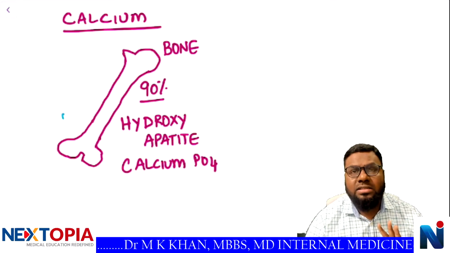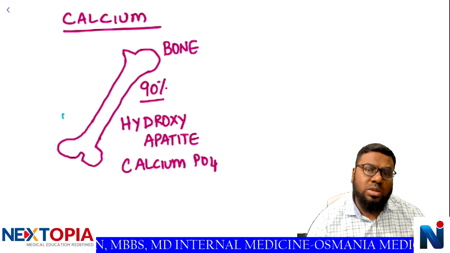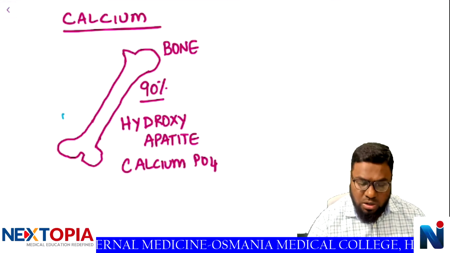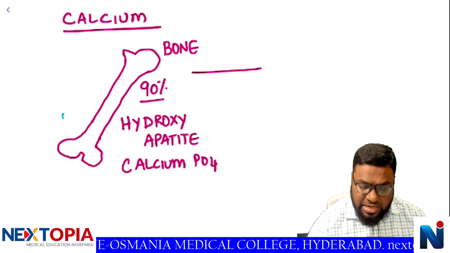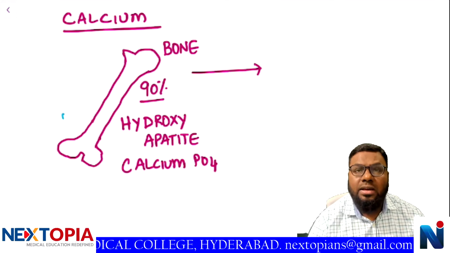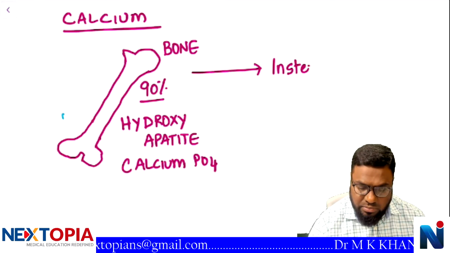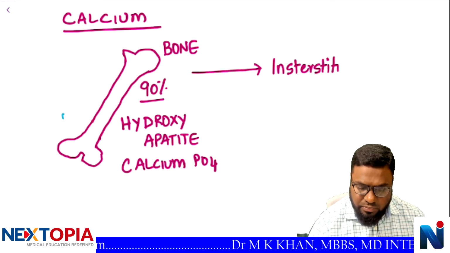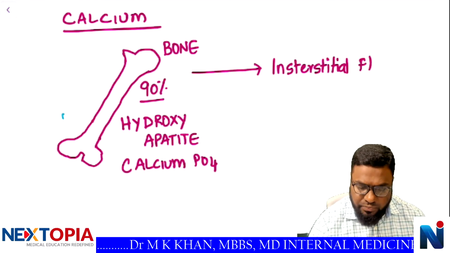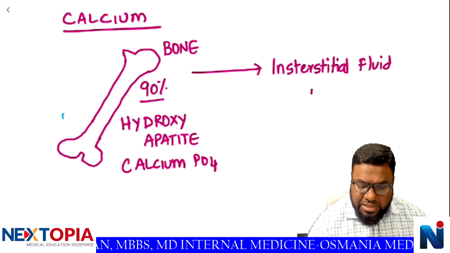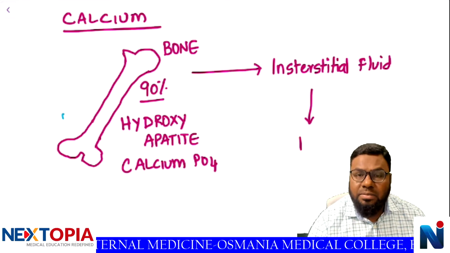And then once its work is done, it goes back to the bone. So the calcium from bone enters the interstitial fluid. From the interstitial fluid, it enters the plasma.